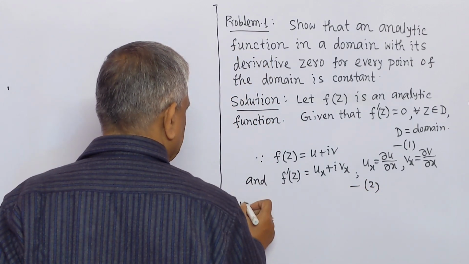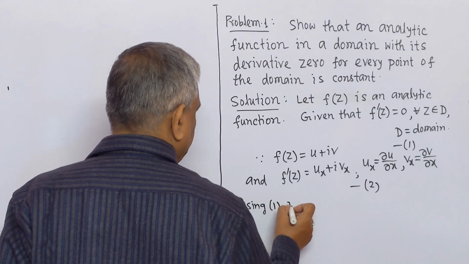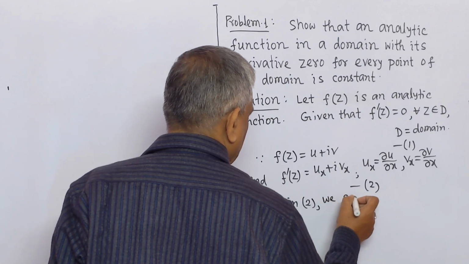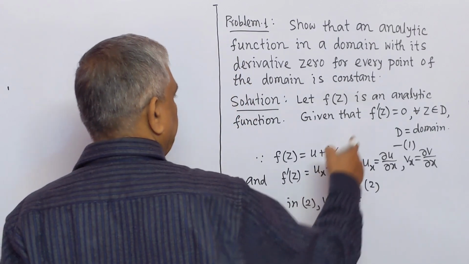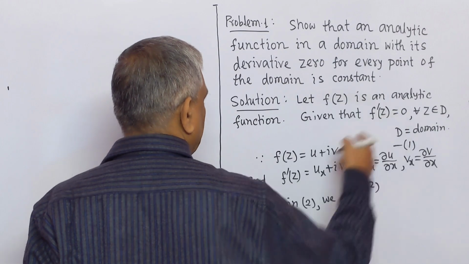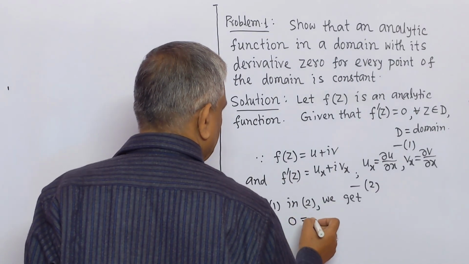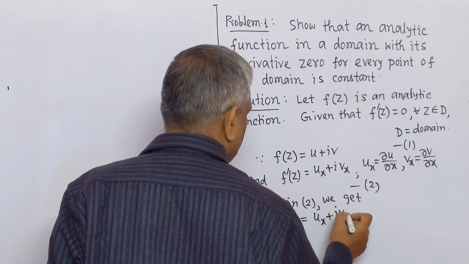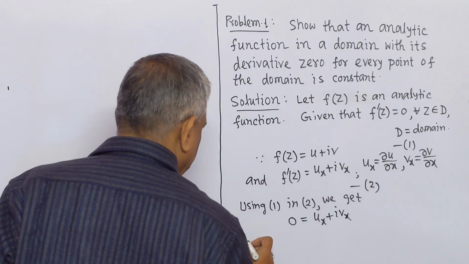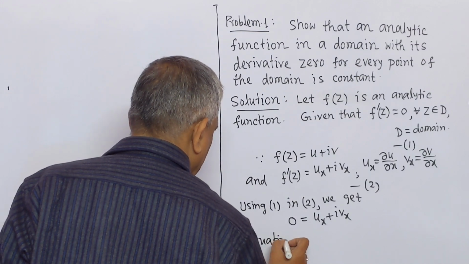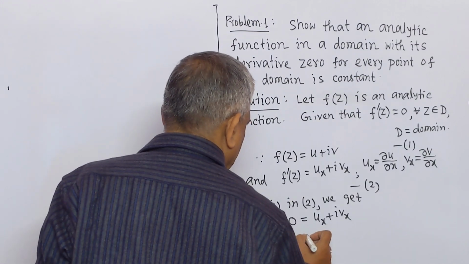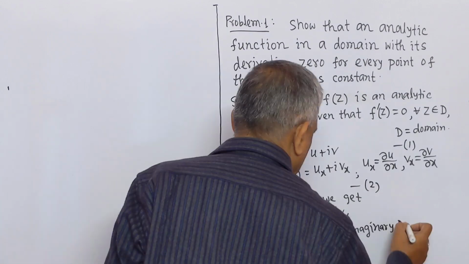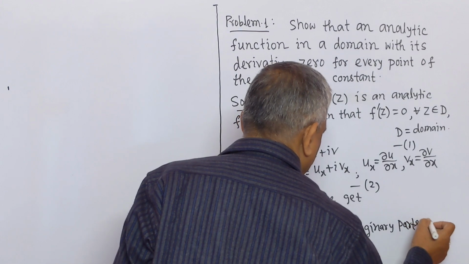Using 1 in 2, we get, here the derivative of f(z) is 0. Here we write 0 equal to ux plus i vx, equating real and imaginary parts of both sides.